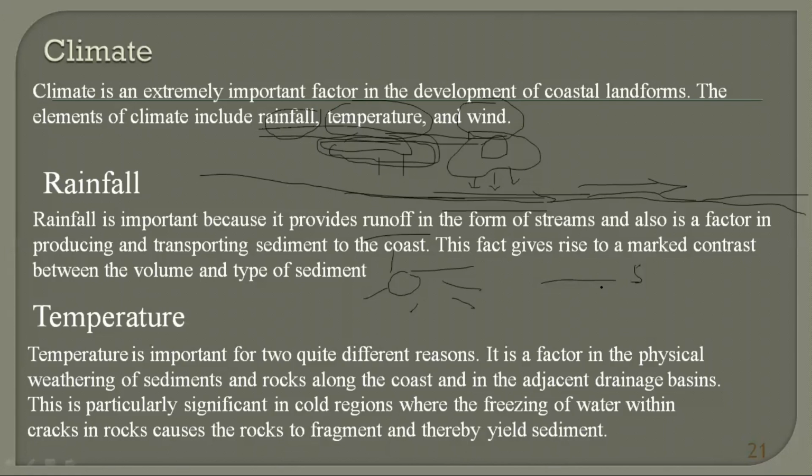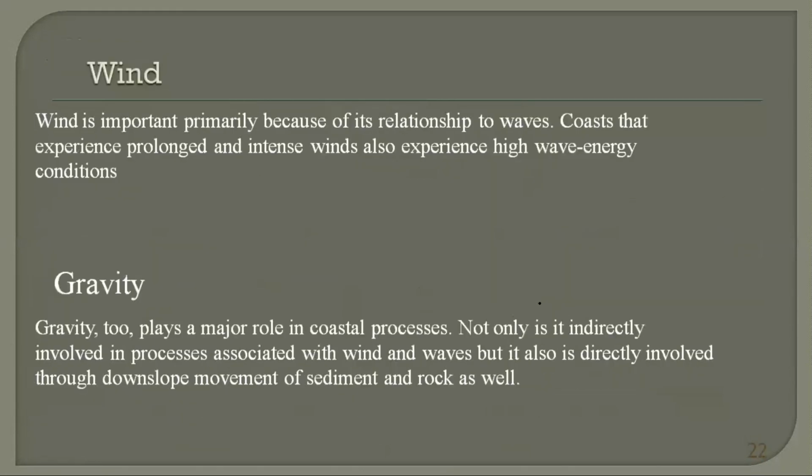Similarly, if it is in a warmer region, then due to the rise in temperature, the shape of the coast and the weathering style will be different, because temperature plays a very important role in weathering. Similarly, if there is freezing weather, the weathering style will be different, and if it is cold weather, then the weathering style will be different.